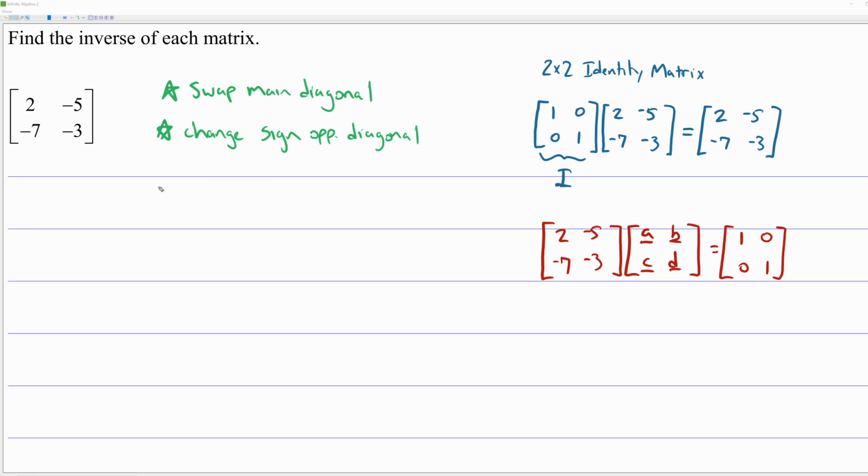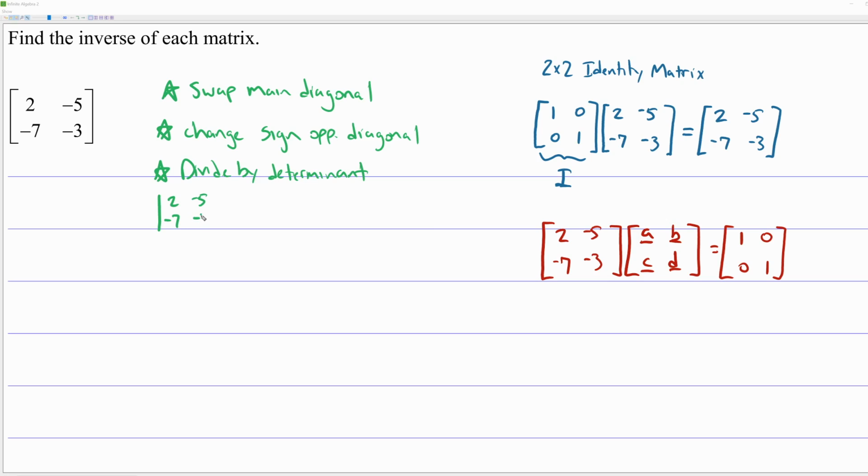And finally, you divide by the determinant. If you haven't watched my previous video on determinants, you need to watch that one. So, some preliminary work, which as long as the numbers aren't too bad, you can do in your head. We need to find the determinant because we're going to need that as part of this process.